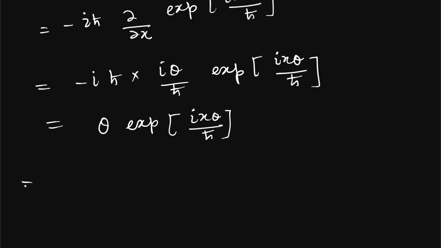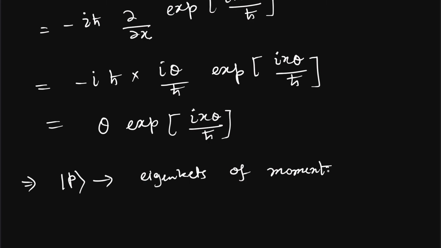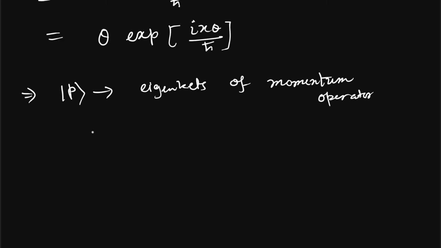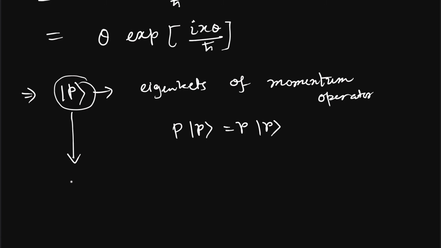Now suppose |p⟩ is an eigenket of the momentum operator, that means P|p⟩ will be p|p⟩. Now operate this eigenket with the given operator exp(i x θ/ħ).